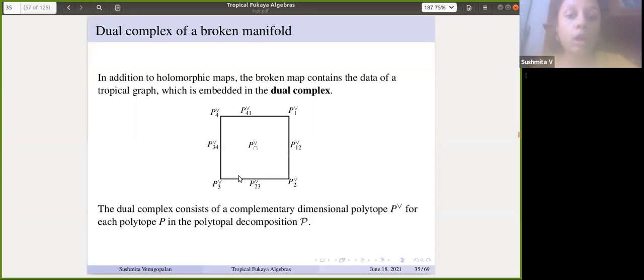So the dual complex consists of a complementary dimensional polytope P-hat for each polytope P in the polytopic decomposition. So the cut spaces just become points, and the center point, which was a point in the polytopic decomposition, is a 2-cell in this dual complex. So that's where the tropical graph lives.